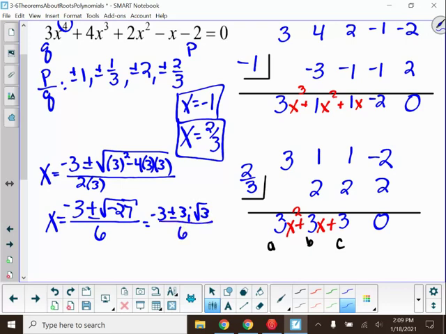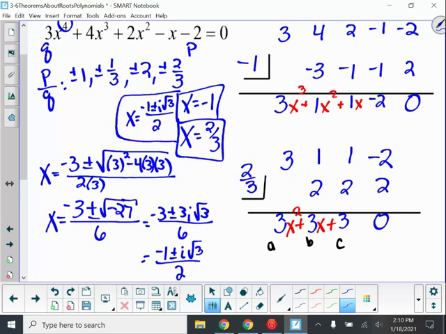All the outside terms can divide by 3, and so that's going to leave me with -1 plus or minus i square root of 3, all over 2. So my roots are x equals -1, x equals 2/3, and x equals -1 plus minus i square root of 3 all over 2. Those are our 4 solutions because it is to the 4th power.